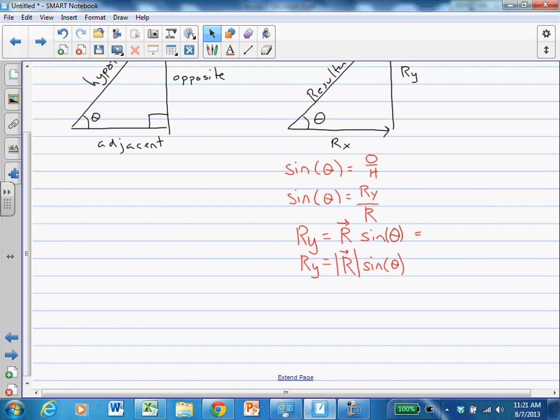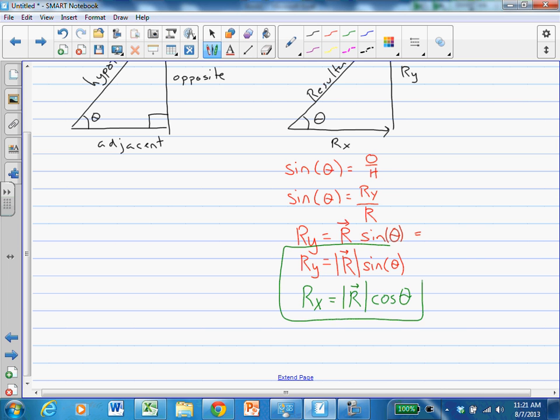The x component in the same method is... now these with the bars and everything make it look confusing, but remember that this is the vector in the bars. So this part of the formula is just the magnitude, or the value, of your resultant vector.